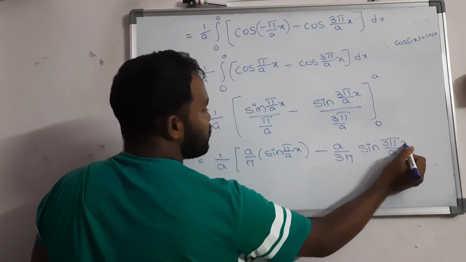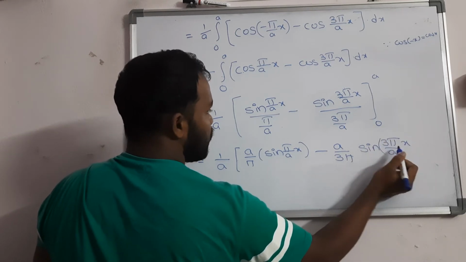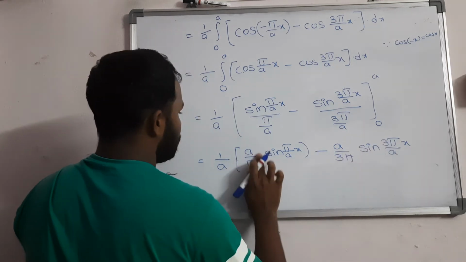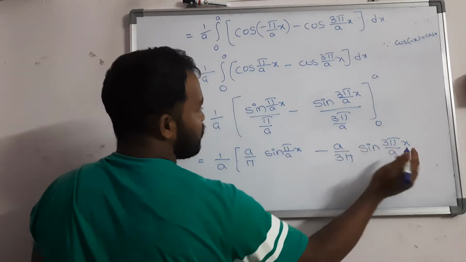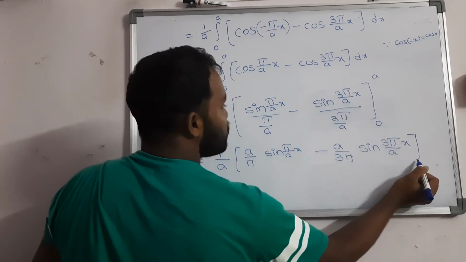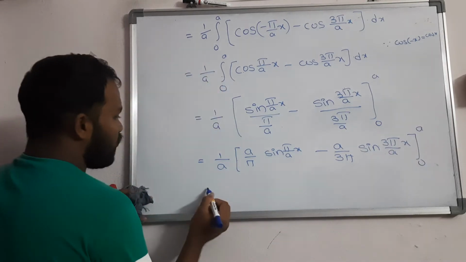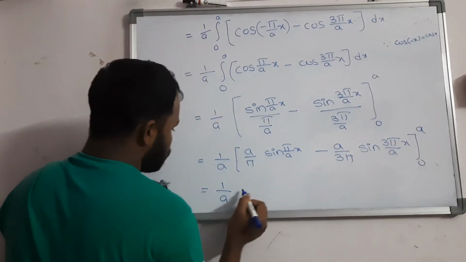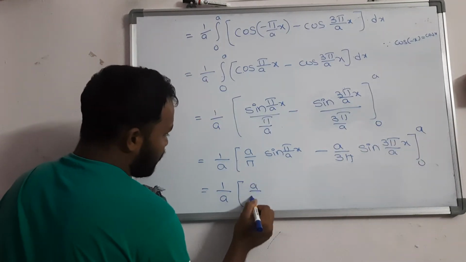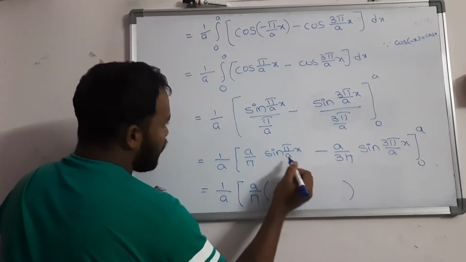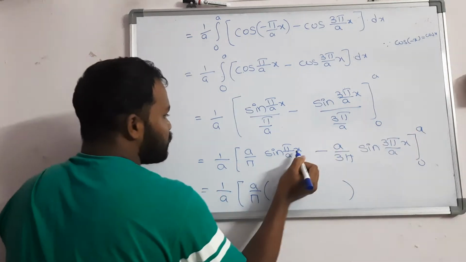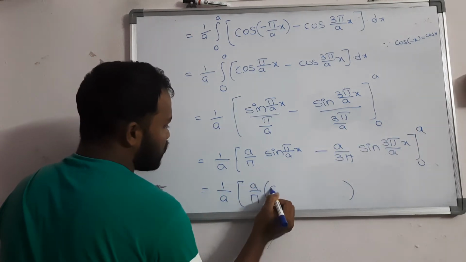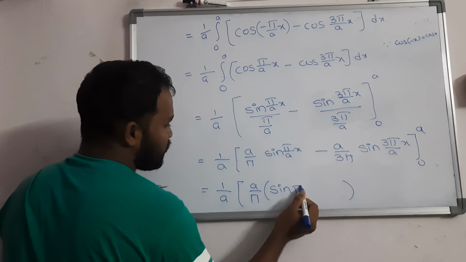Here no need to keep this, directly multiplication, the limits are 0 to a. Now apply upper limit then lower limit. Upper limit is a, so first you should write a by pi, applying upper limit, in place of x you should substitute a. You will get a gets cancelled. You are left with sin pi, minus.